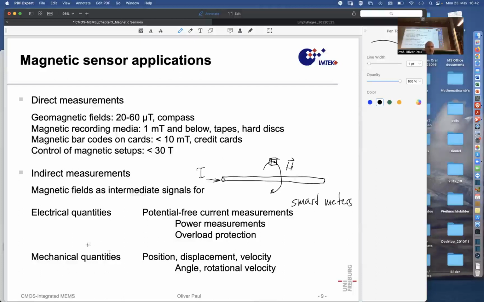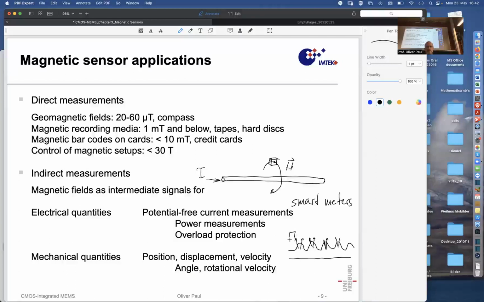And of course, you can also measure mechanical quantities. So if you have an object that, let's say, has some shape, and it is magnetized, there will be maybe more concentrated magnetic field lines emerging here.